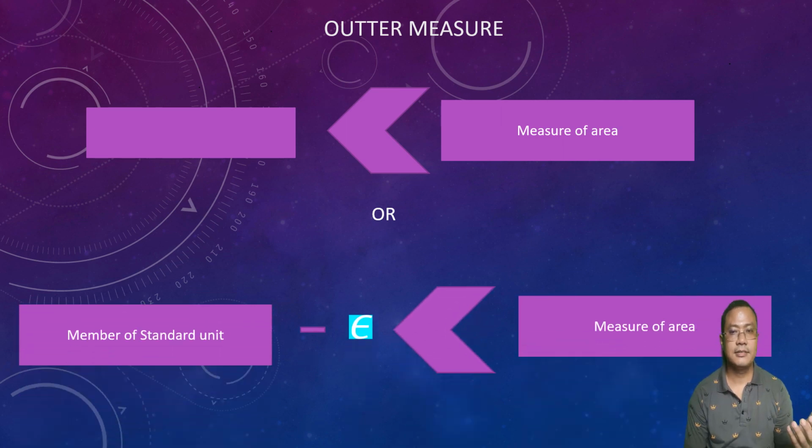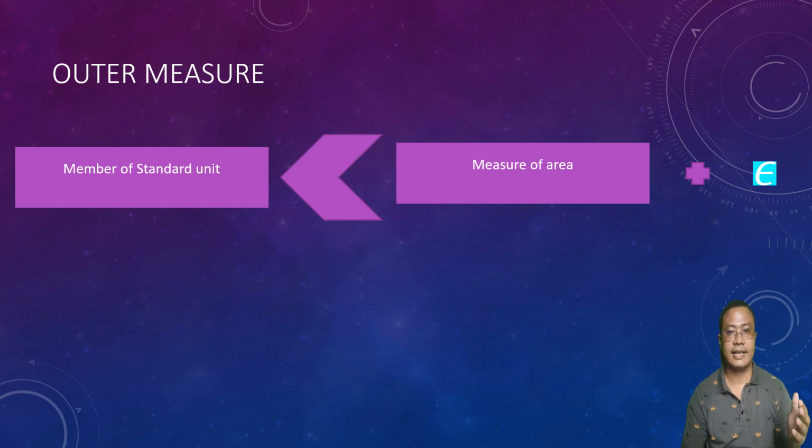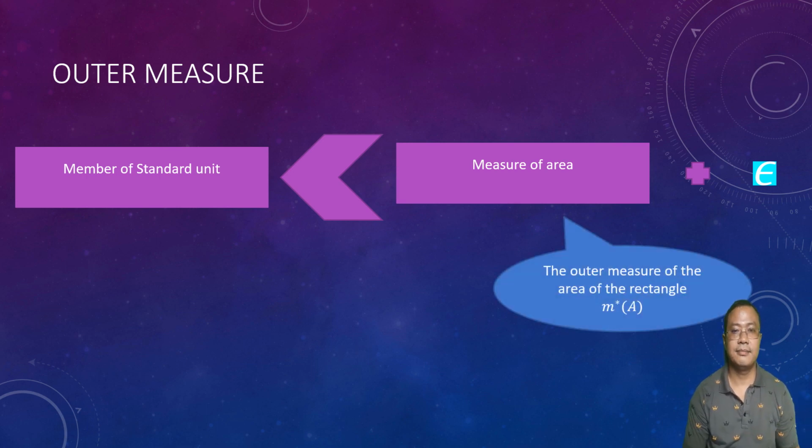Equivalently you can write: from the measure of the standard unit that is exactly equal to the area of the rectangle, you subtract an amount of epsilon, and the resultant area will be less than the area of the rectangle. In another way: the member of the standard unit that is exactly equal to the area of the rectangle will be less than the area of the rectangle plus some epsilon.